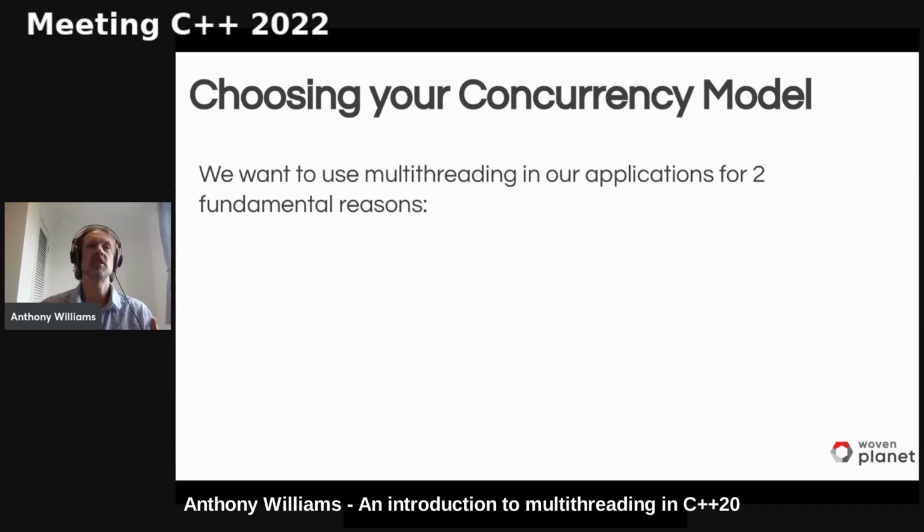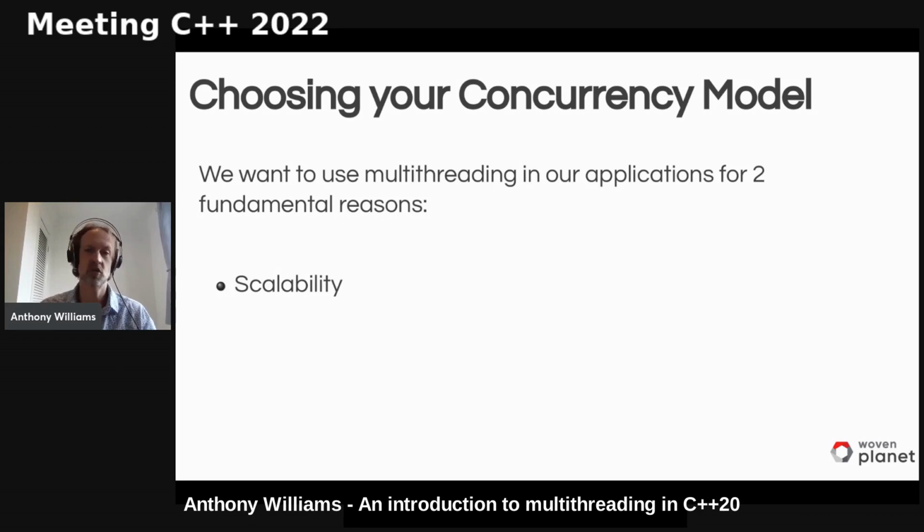When you're choosing your concurrency model, fundamentally we can divide our applications into two different types, based around the fundamental reasons why we want concurrency. The first reason that you might want concurrency is scalability. You intend your application to run not just on the computer that you have today, but on the computer that you're potentially going to buy next year. Alternatively, today your software is going to be running on customers' computers, and they vary in the power that they have.